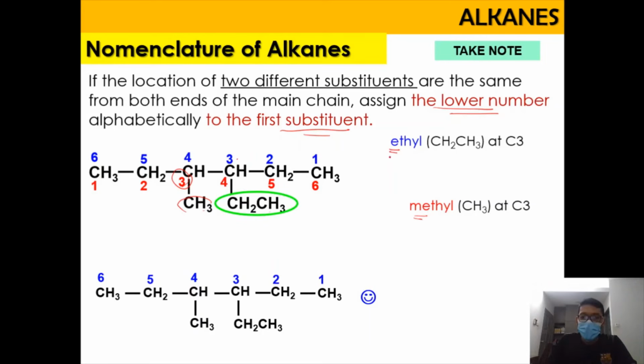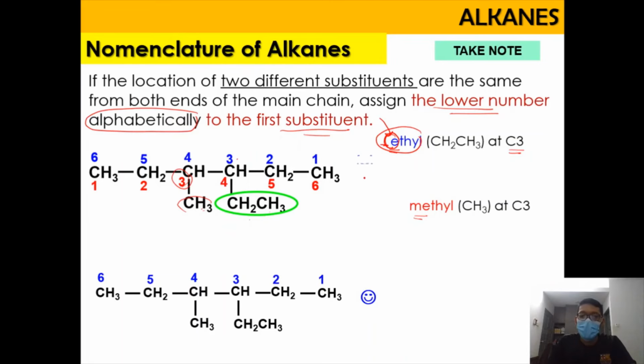Okay, but we have to follow the ethyl because it is alphabetical. So you need to emphasize on the E first because A, B, C, D, E. So E comes first before M. Jadi kita kena pilih ethyl dahulu dan ethyl tu mesti nombor yang paling rendah at C3. Not the methyl dekat C3.